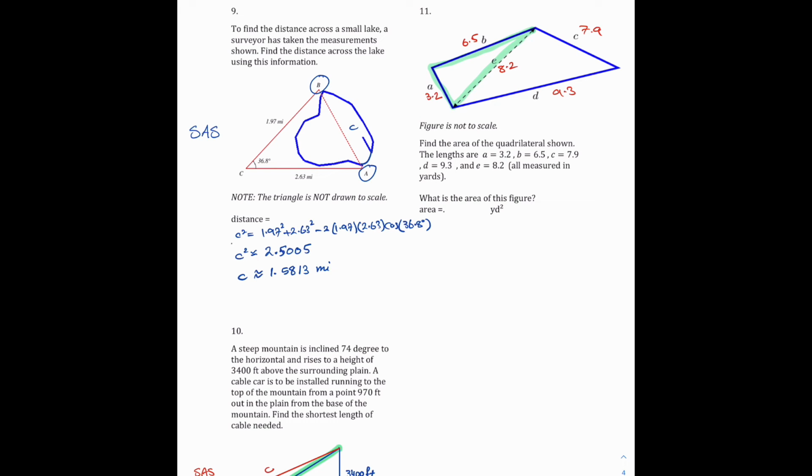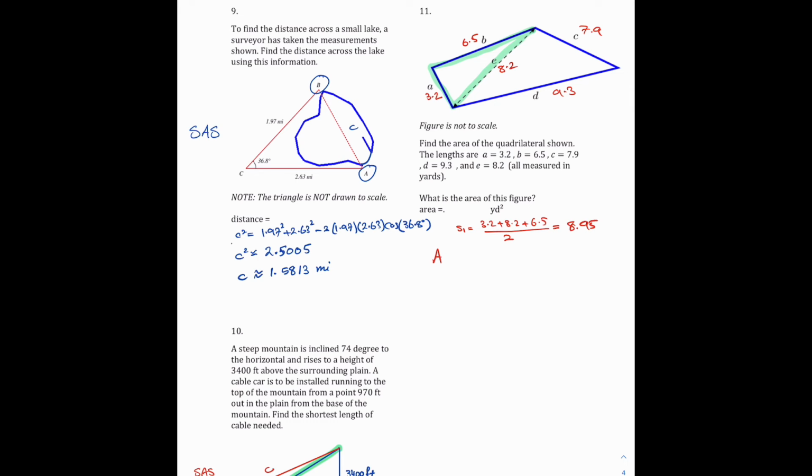I'm going to find the semi-perimeter first. S1 is equal to 3.2 plus 8.2 plus 6.5 divided by 2, which gives me 8.95.